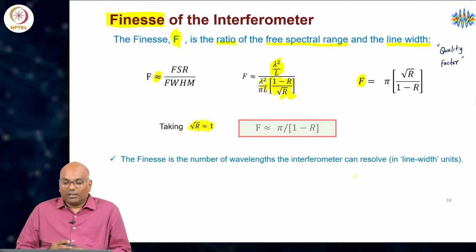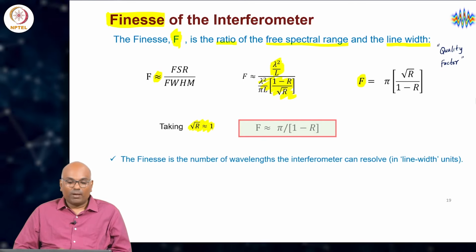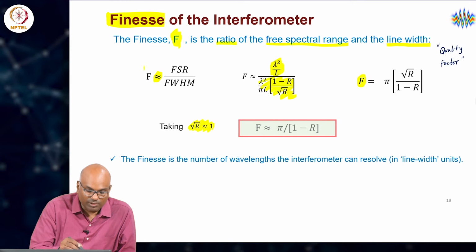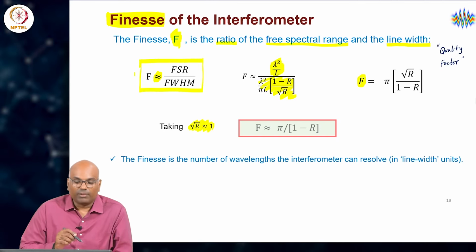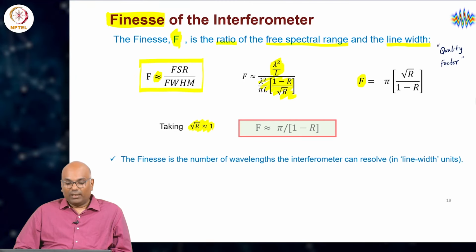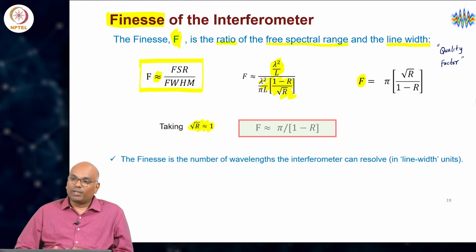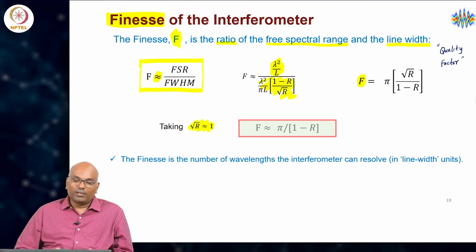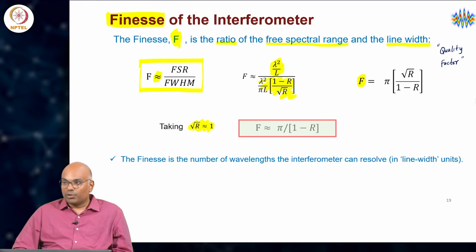Finesse now gets a few interpretations. By defining finesse as FSR by FWHM, I have essentially said, turn the interferometer into a spectrometric device. How so?